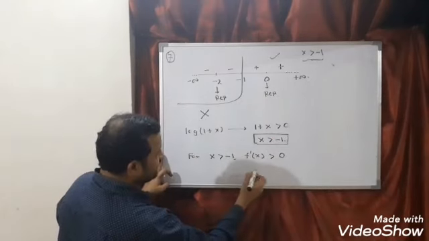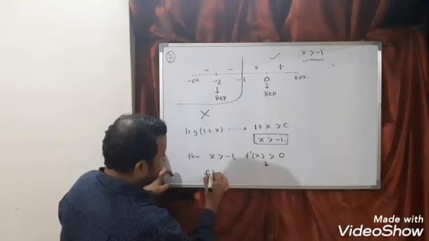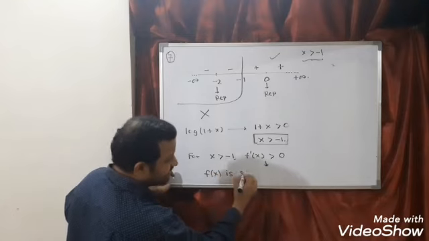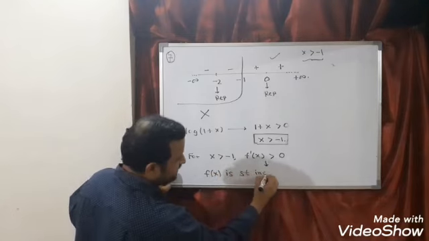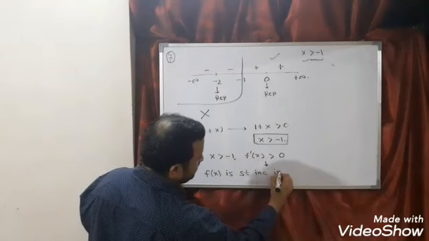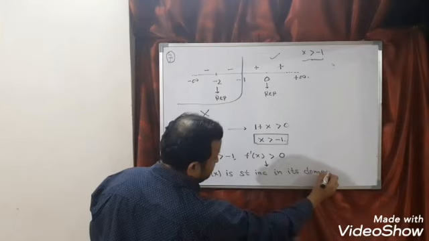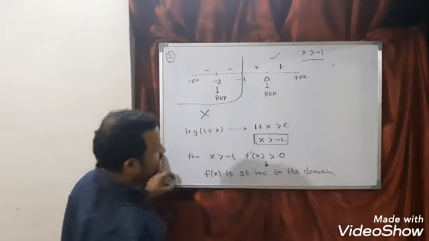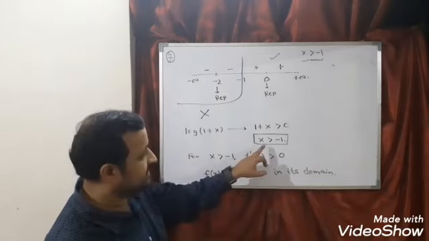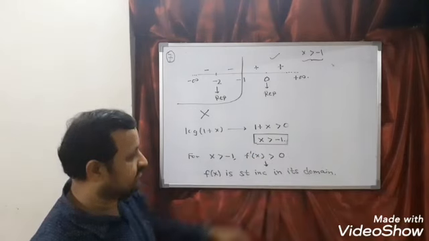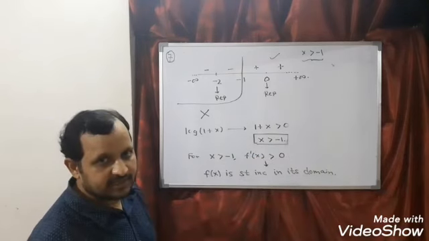So from this I can say f of x is strictly increasing in its domain. And what is the domain of this function? x is greater than minus 1. I think it is clear.